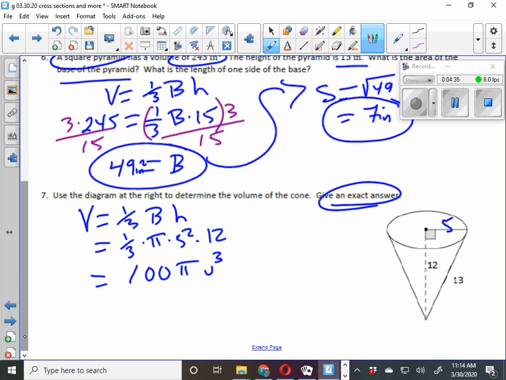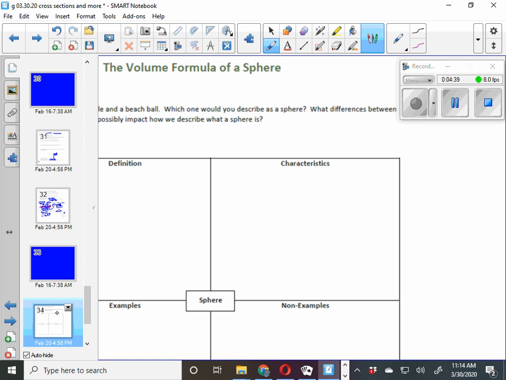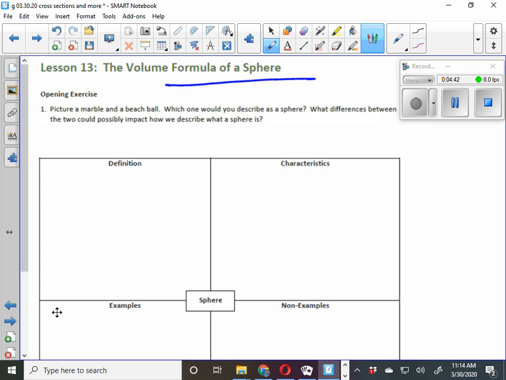The next lesson here introduces spheres, formulas for spheres, and they ask us to go through various things. You know a sphere is a ball shape item: tennis ball, basketball, the Earth.